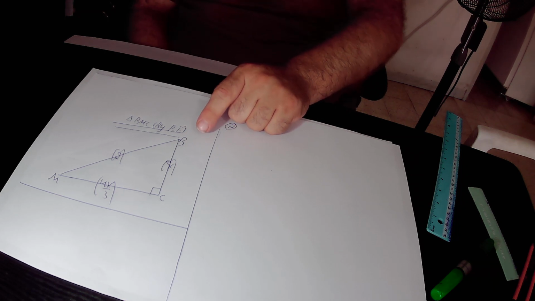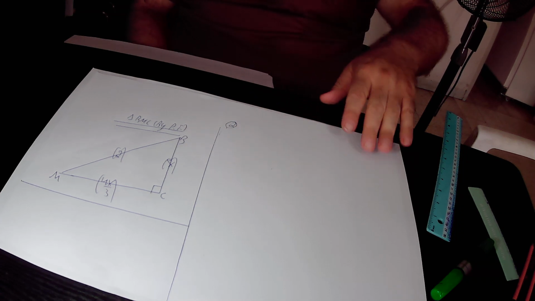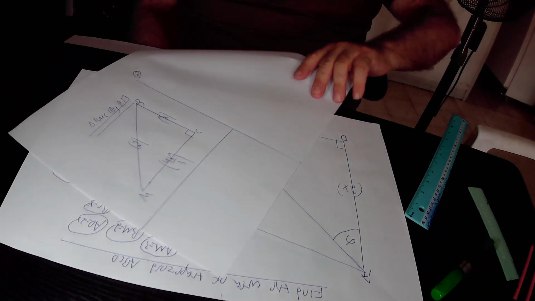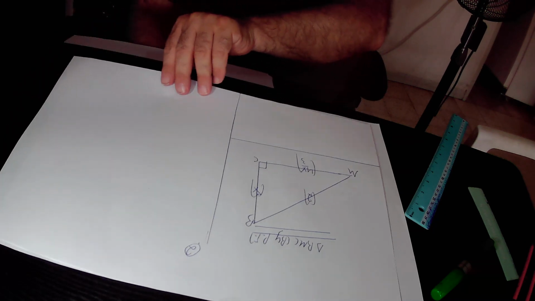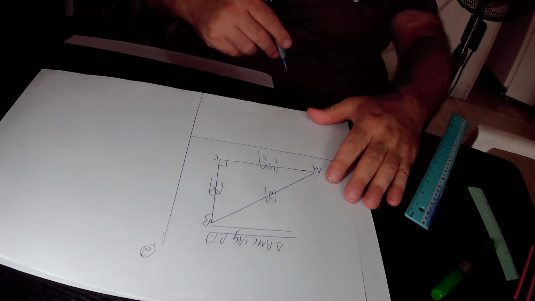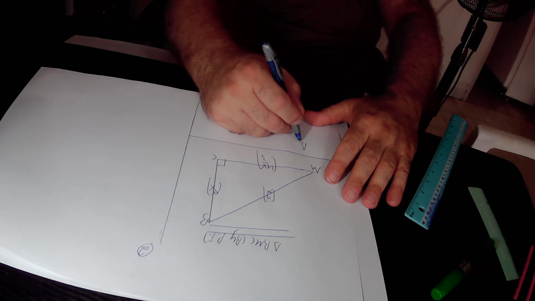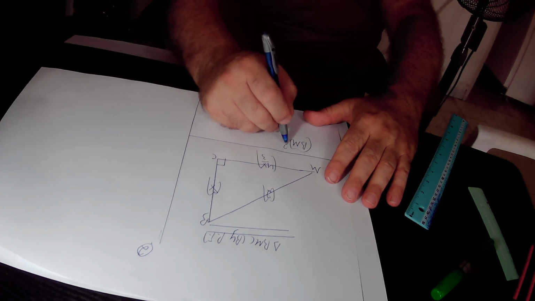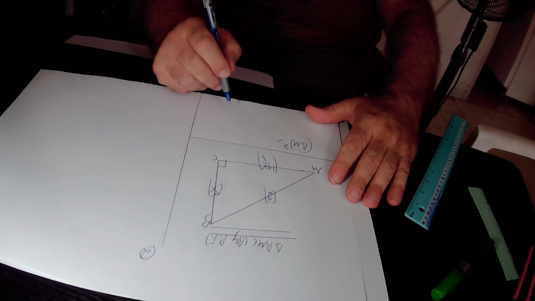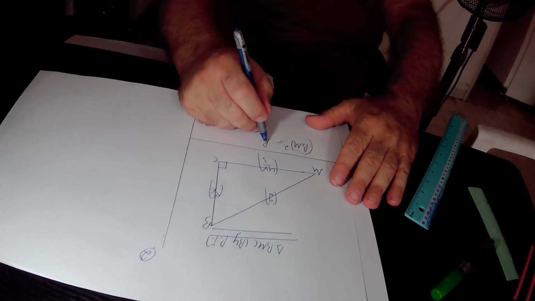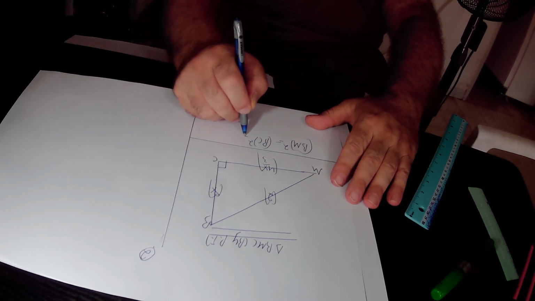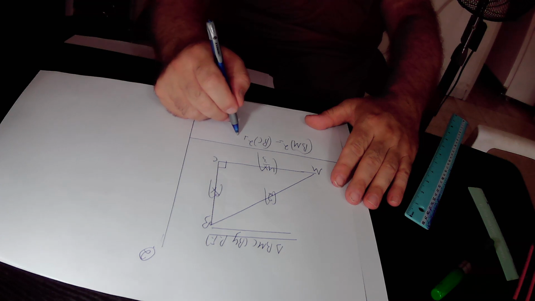According to the Pythagoras theorem, BM squared, that is the square of the hypotenuse, is equal to BC squared plus MC squared.